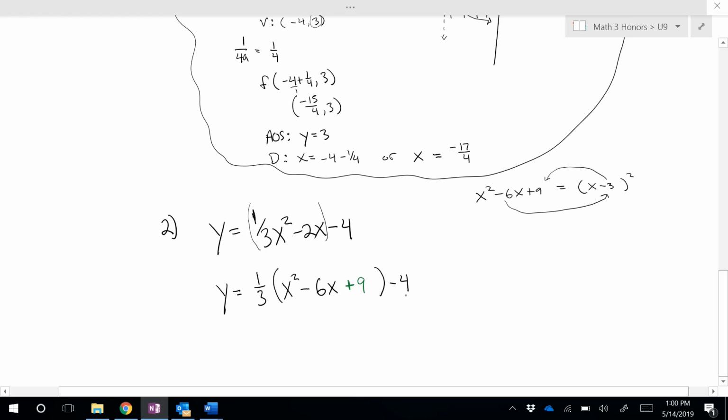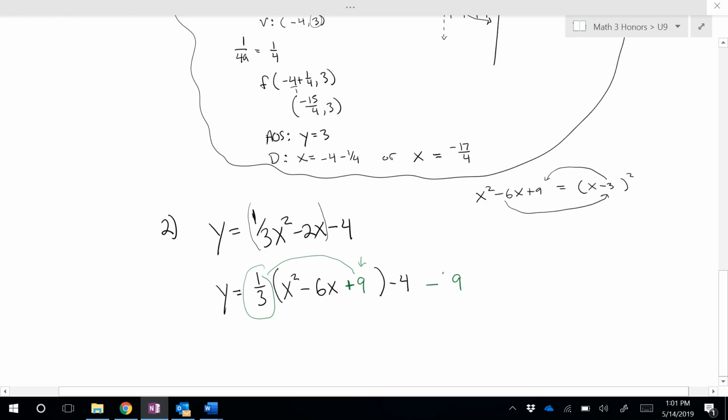But when I add 9 there, this is no longer equivalent to the expression before it. And I have to keep it equivalent, so I need to balance my equation out. How would we do that? If I put a -9 out here, and if I were to distribute the 1/3 through and simplify it, would I end up back here? Okay, good, -3. So when you put a 9 here, you're really putting 1/3 times 9, which is 3.